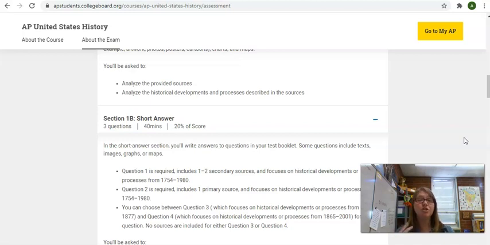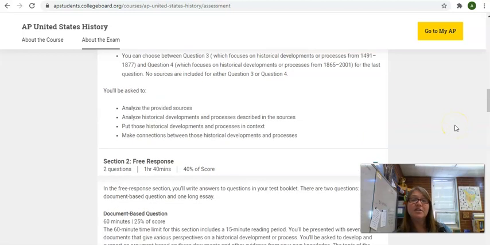The first 2 questions are required, and they address issues from 2 different time periods. And for the next, they have a choice between 2 questions. So these focus on historical developments or processes in certain time periods, and they also focus on the skills that your students have been developing all year long.